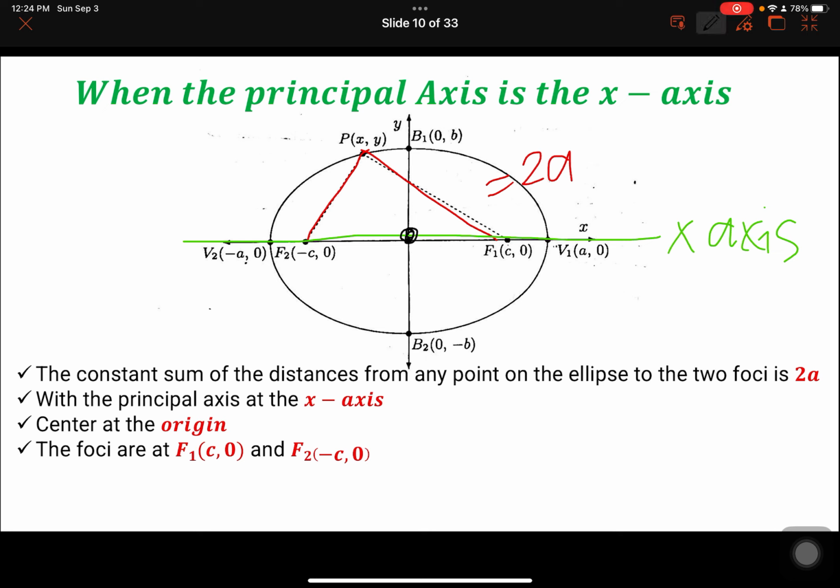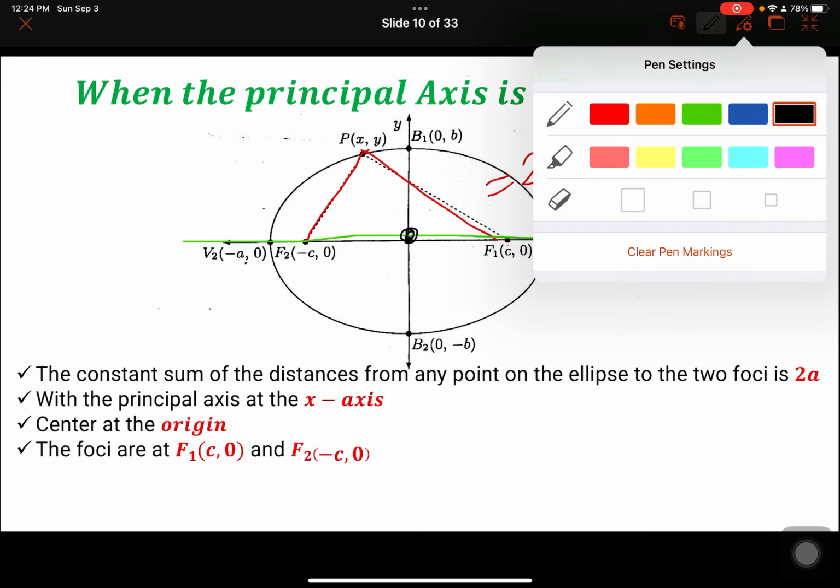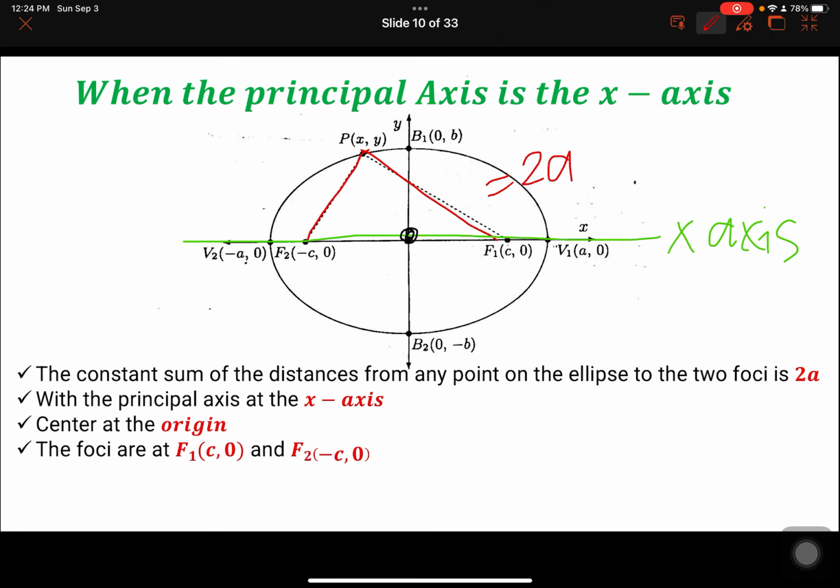I mean, C yung denotation natin. So, pag nasa x-axis siya, tandaan nyo, x yung may value. Yung y ay 0. Okay? And take note, nangyayari lang to kapag yung center natin ay nasa origin.